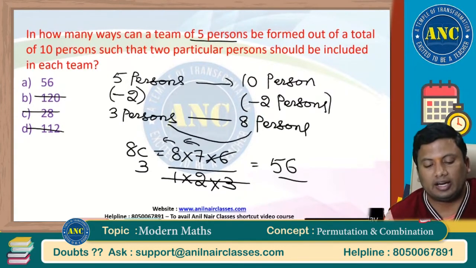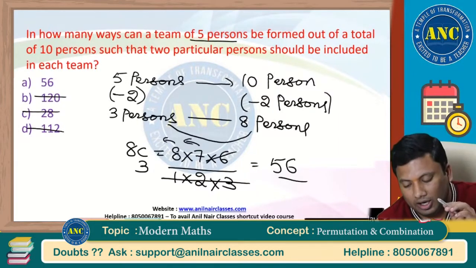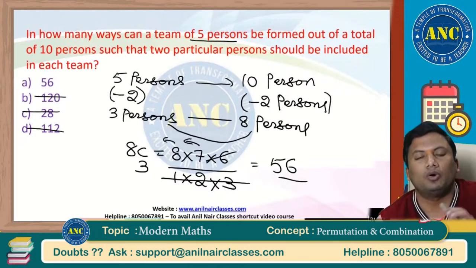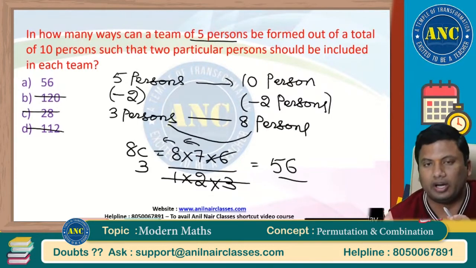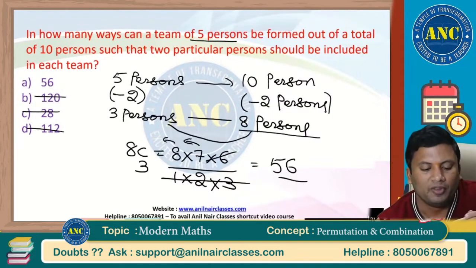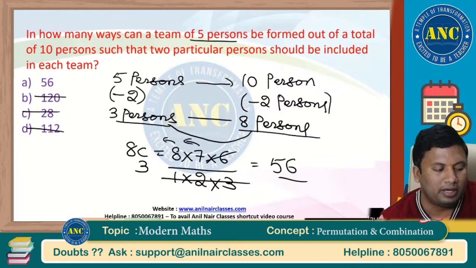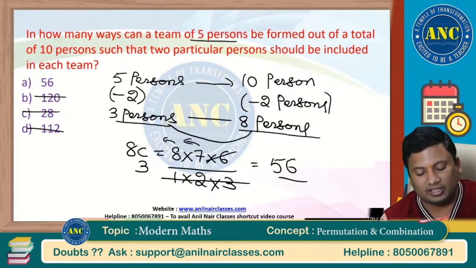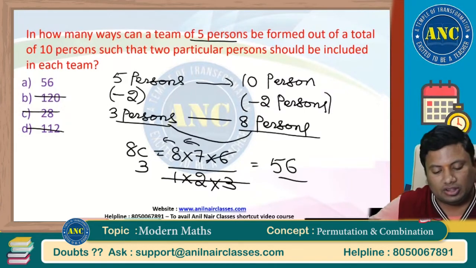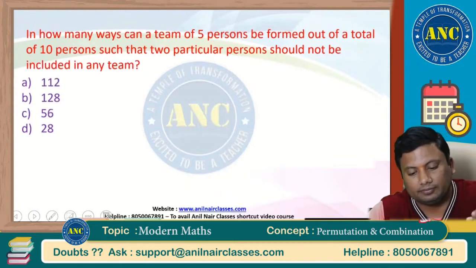I need to select a team of 5 persons from 10 persons. 2 particular persons should be included. Out of 10, 2 are already selected, remaining are 8. Out of 5, 2 are already included, remaining are 3. From 8 persons, select any 3, which is nothing but 8C3.